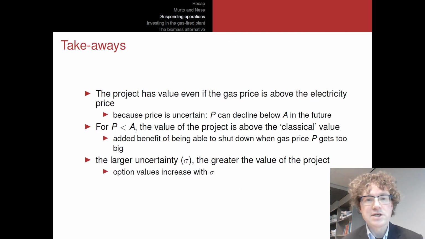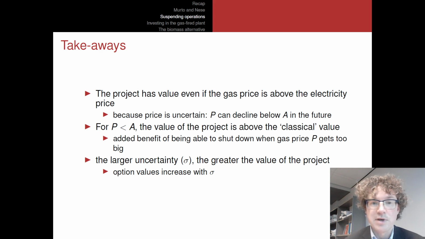So what's the takeaway? This project has a value even when it's not producing, so when it's switched off. And what value is that? Well, the option value of being able to resume operations in the future when P drops below A again. And on the other hand, when price is below A, there is also additional value above the classical value, and that's the option value of being able to shut down the plant when P might get above A at some point in time.